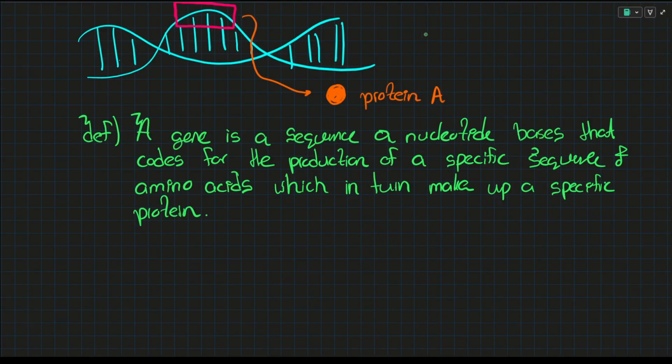So let's see. Just some more context. We have a sequence of bases like this. Those bases are going to produce a specific sequence of amino acids like so.